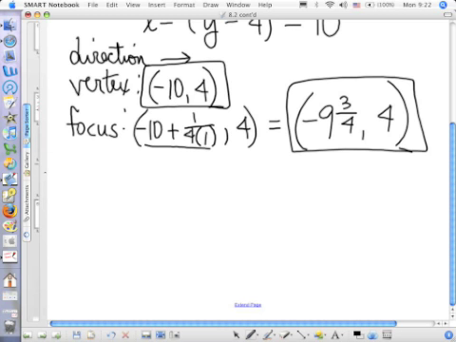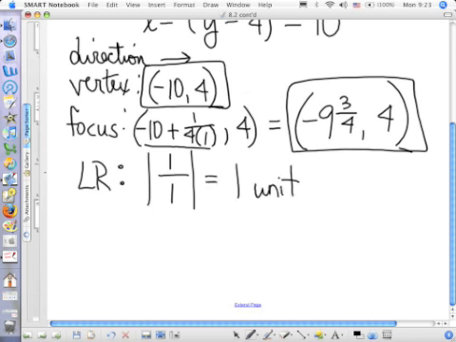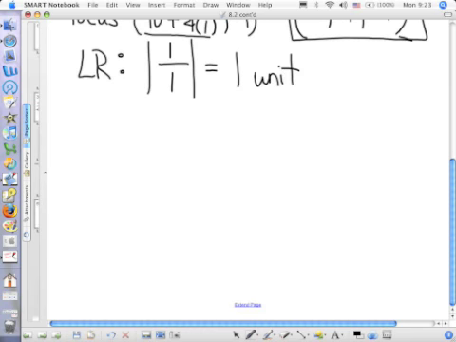All right. Now the next thing we need to figure out is our LR, which is the absolute value of 1/a, and a in this case was 1. Remember, our LR is a line segment that is centered around the axis of symmetry. And in this particular parabola, it's 1 unit long, so just do half and half, which means you're going half a unit in each direction. Okay? All right, so my vertex is -10, 4.